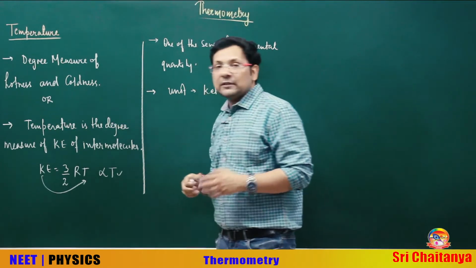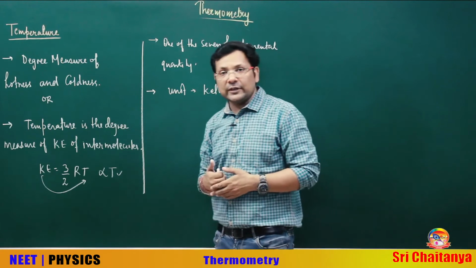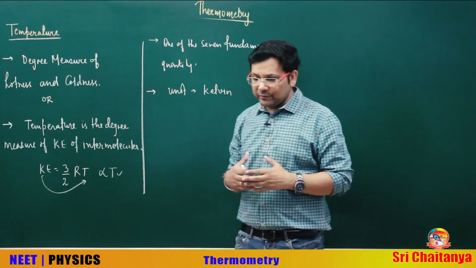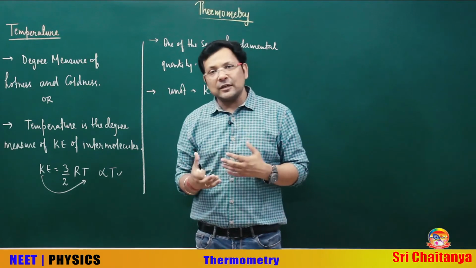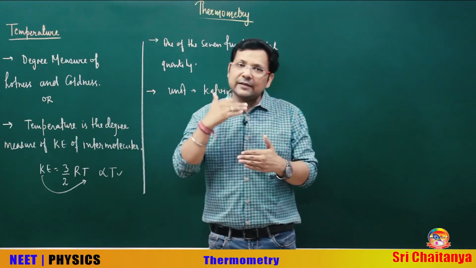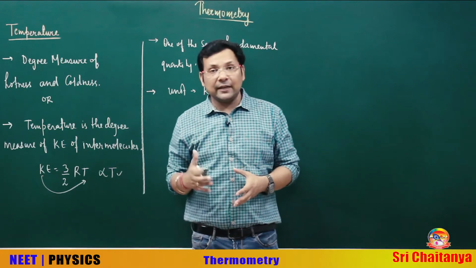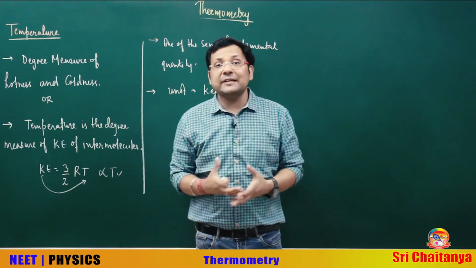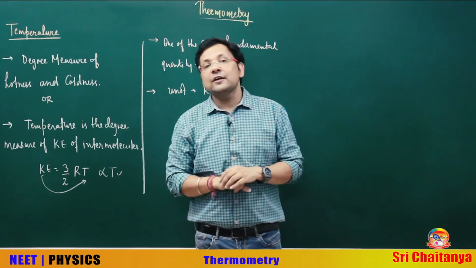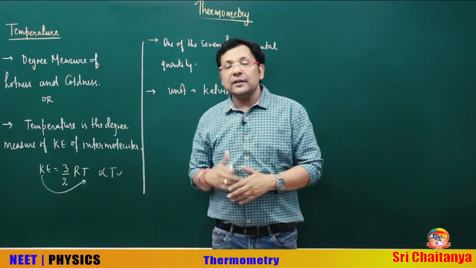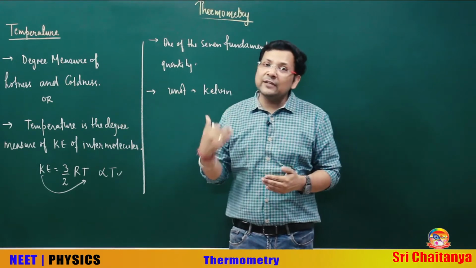and one Kelvin is defined from 0 Kelvin. That is the absolute zero. Basically, if you want to increase the temperature, you can increase it till infinity. Practically, till now 10 raised to power 8 Kelvin has been created in the lab, we think. But when it comes to lowering the temperature, you cannot lower it to any value you want.